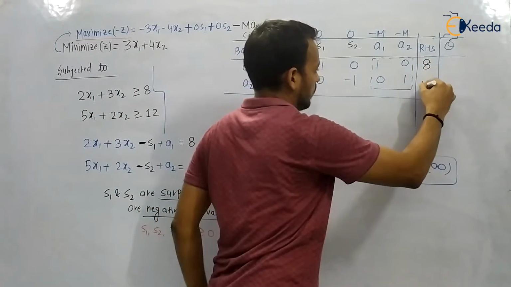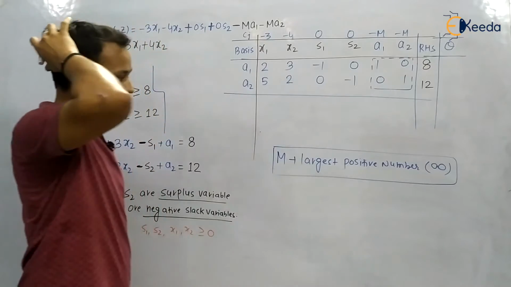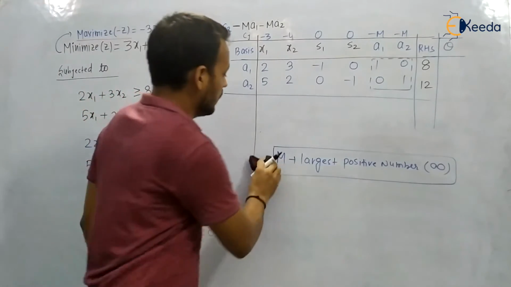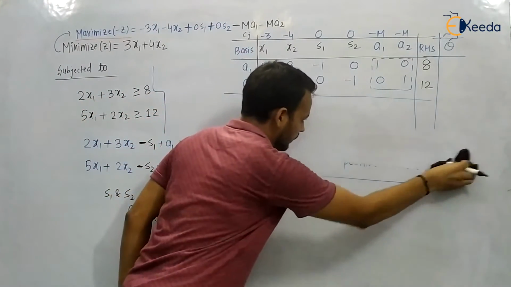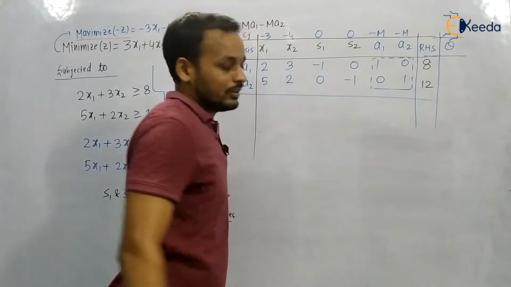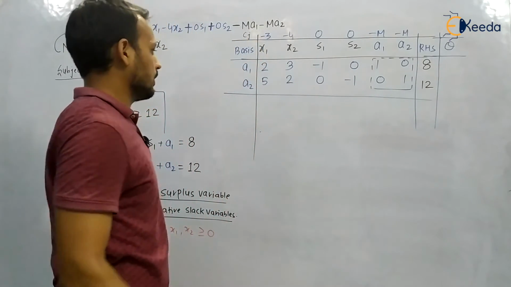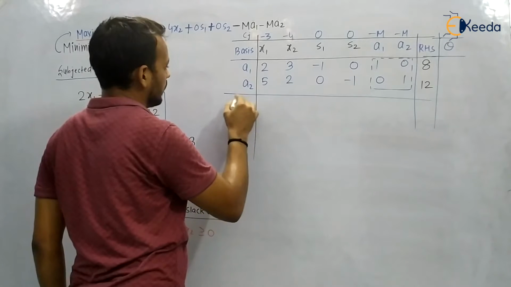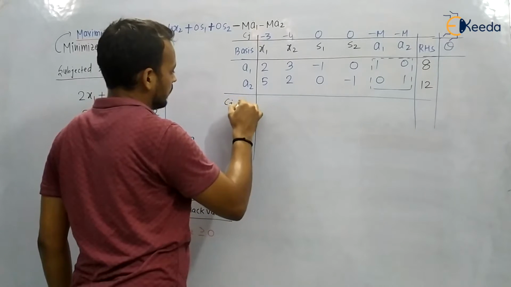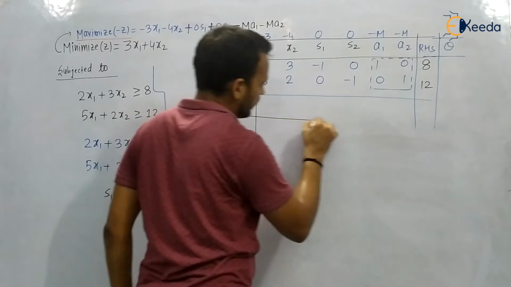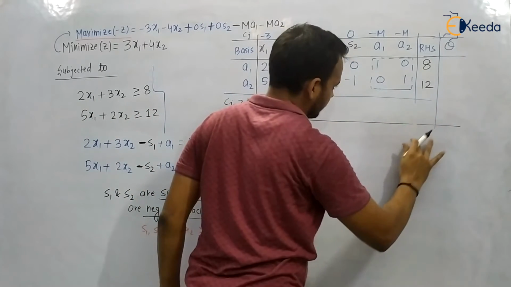So everything has been completed. M is the largest positive number, it can be infinity. And a1, a2 are the artificial variables. So what we have to do? We have to calculate Cj minus Zj.